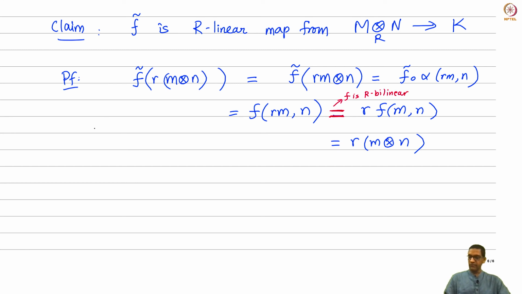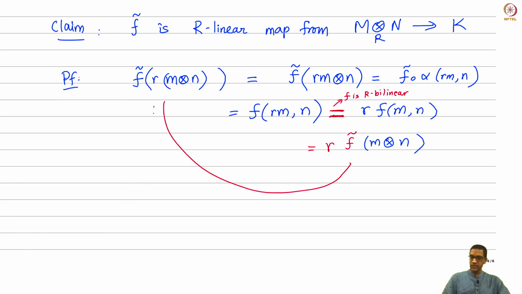Okay, so now what have I finally managed to prove? I should be a little more careful. So f of M comma N is the same as f tilde composition alpha, right? So this is just r times f tilde alpha of MN. Sorry, there's an f tilde here. It's f tilde of M tensor N. Good.